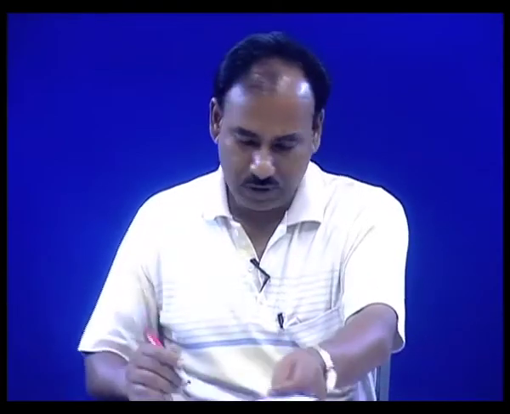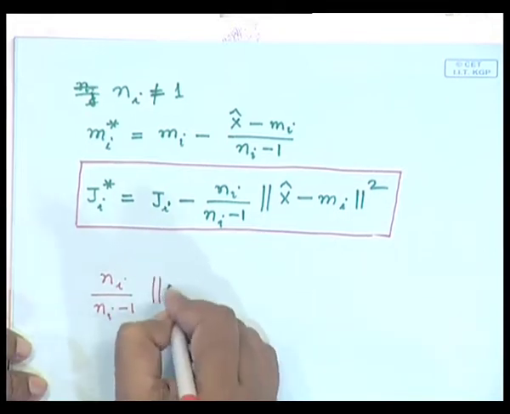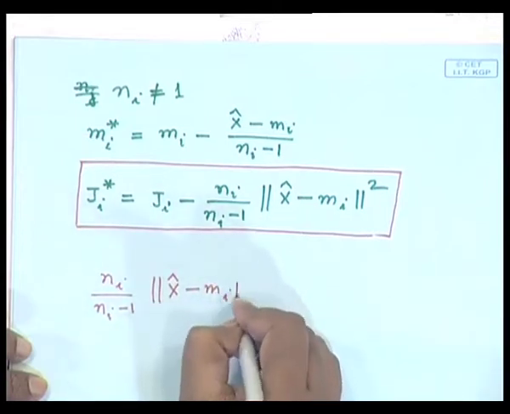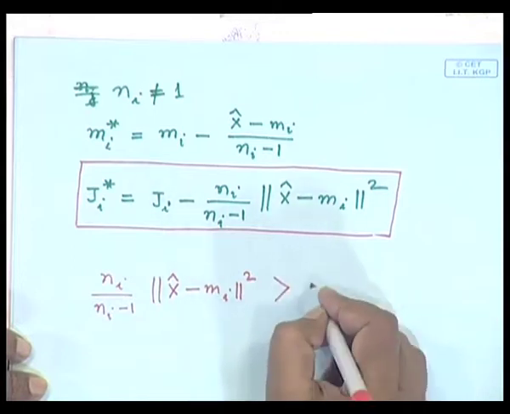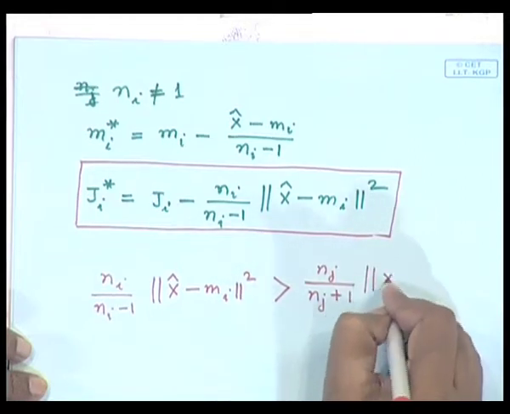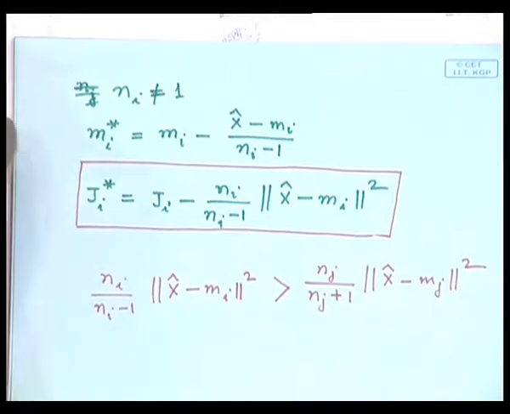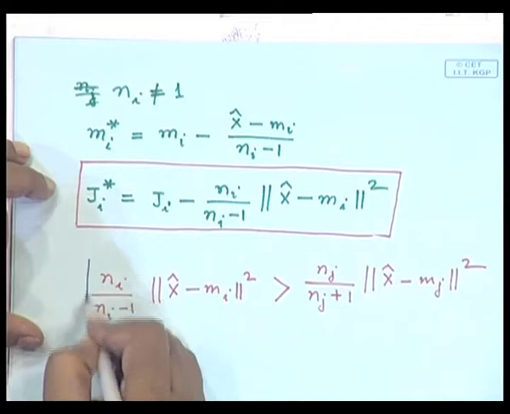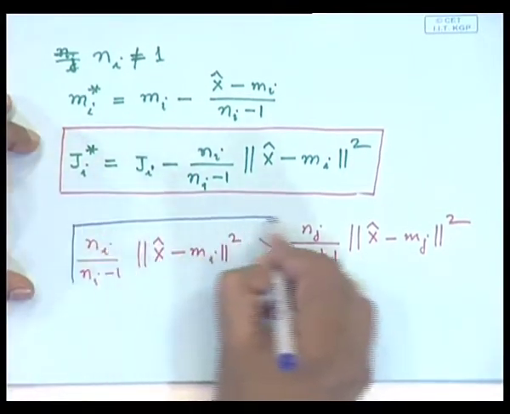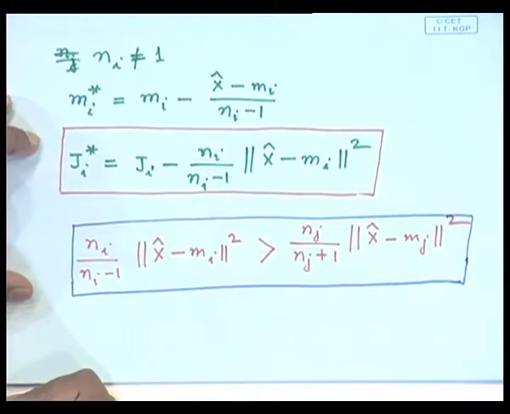So, my condition for transfer will be that n_i upon n_i minus 1 into ||x hat minus m_i||^2, if this is greater than n_j upon n_j plus 1 into ||x hat minus m_j||^2, only when this condition is true, then only I can push this x hat from the ith cluster to jth cluster.